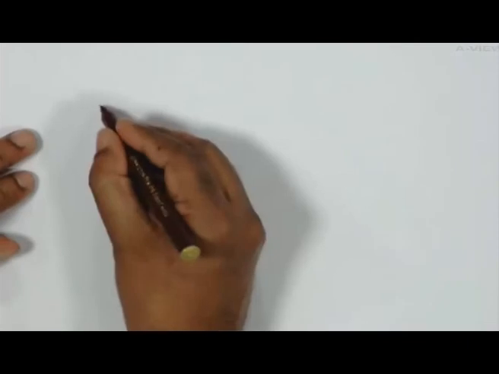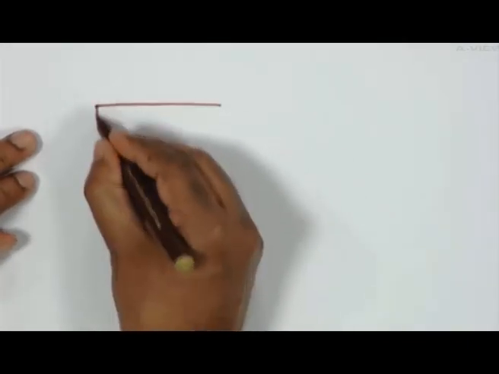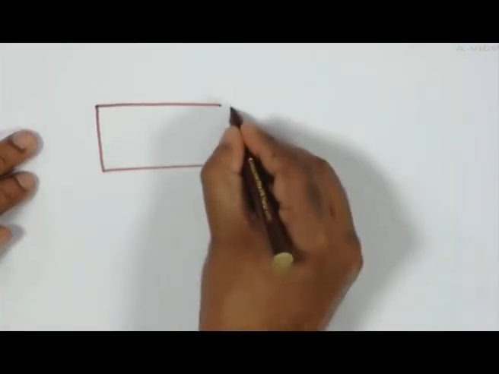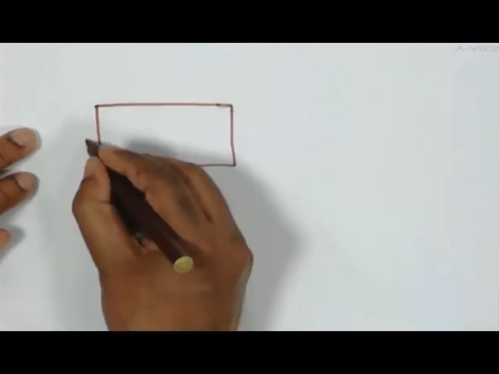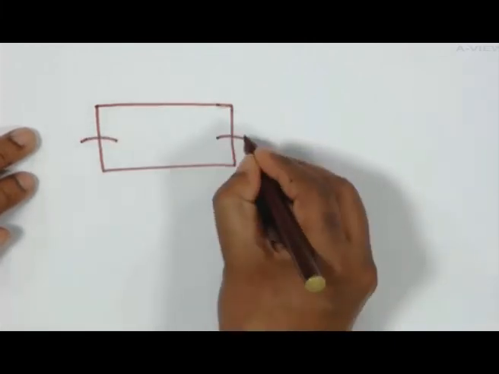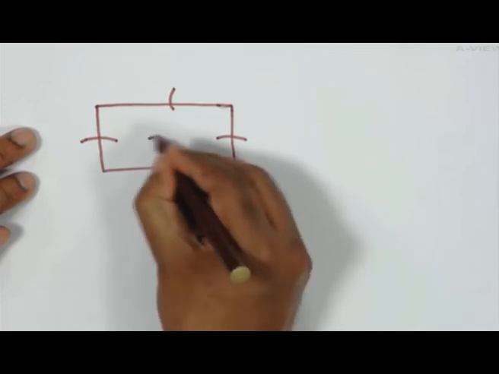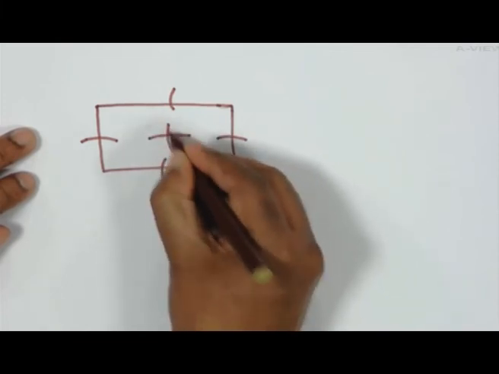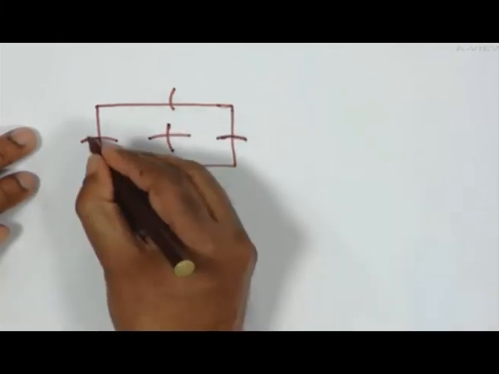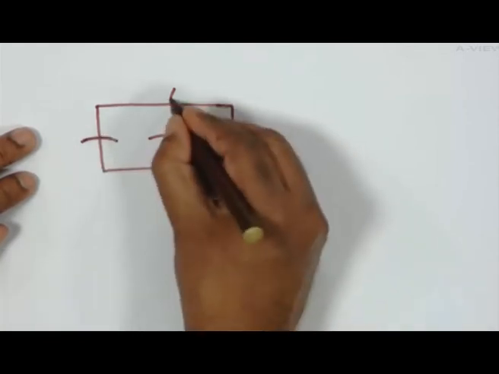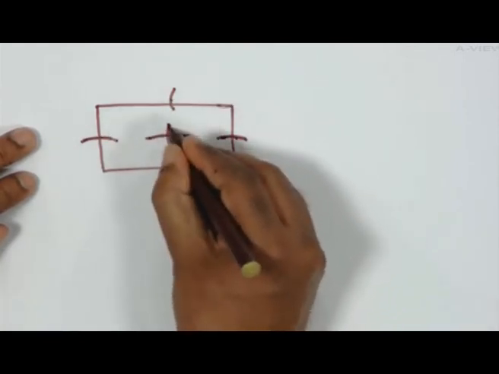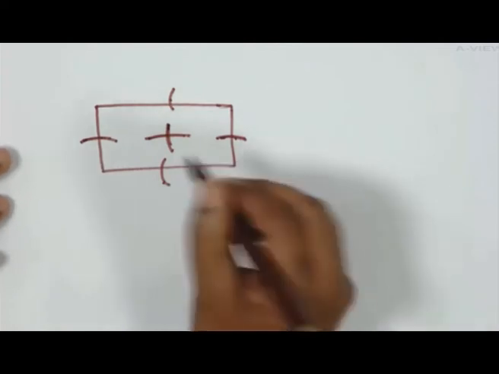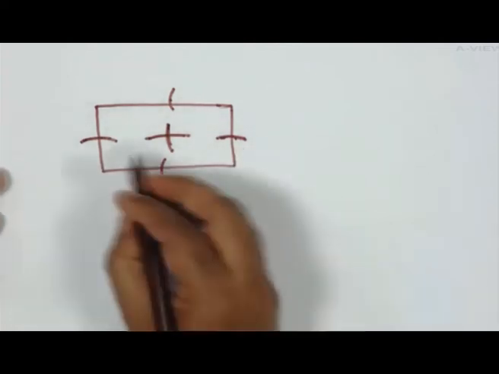That means if we have a panel, I can find out the bending moment here, and similarly I can find out this way. That means I can find out the bending moment here, this and this equal, and this one I can find out. So this is the value we calculate here.